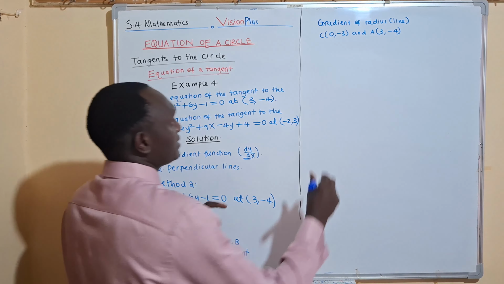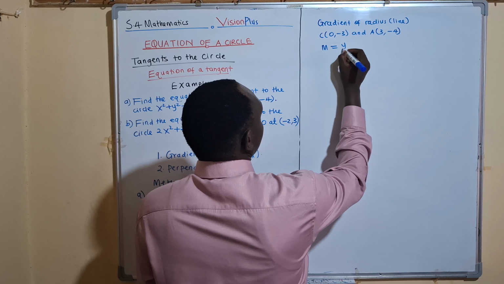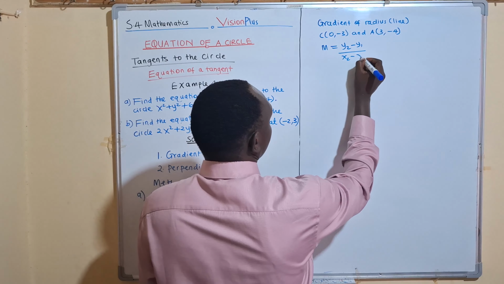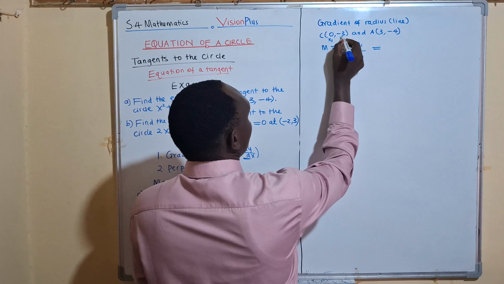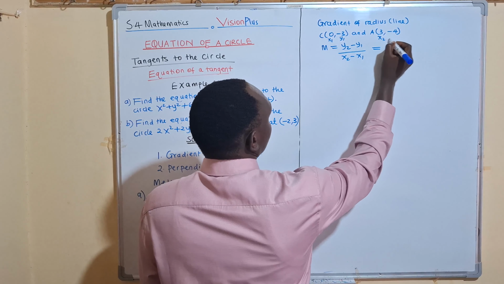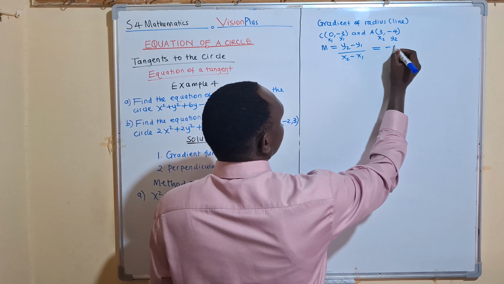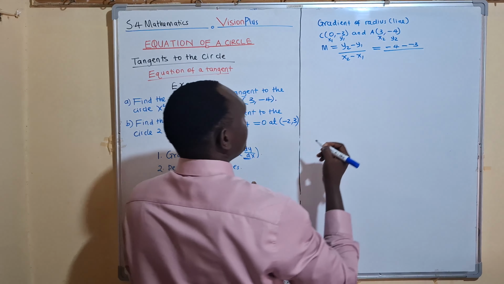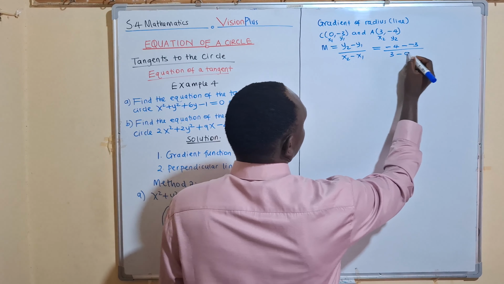Now, let us do the gradient of the radius, which is given by change in y, which is y2 minus y1 over x2 minus x1. Then you come in with points (x1, y1), (x2, y2). Then you substitute y2 is -4 minus y1 is -3 over x2 is 3 minus 0.